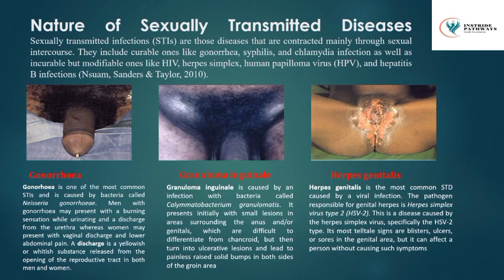They include the curable ones, as I already mentioned, gonorrhea, syphilis, chlamydia infections, as well as the incurable ones like HIV and AIDS, herpes simplex, human papilloma virus, hepatitis B infection, and so on.